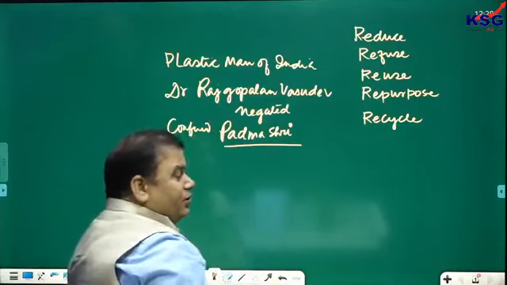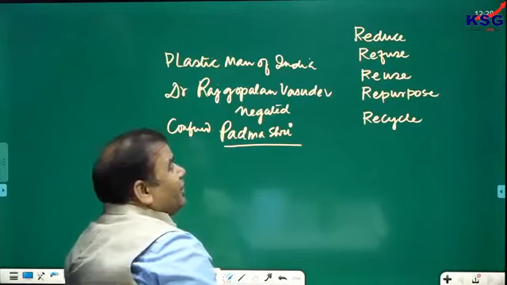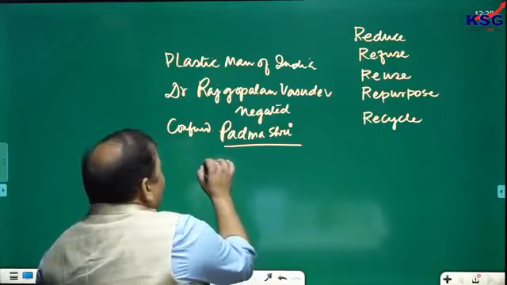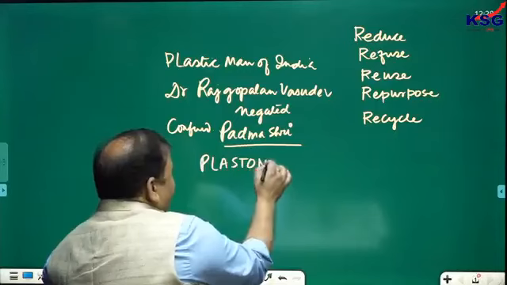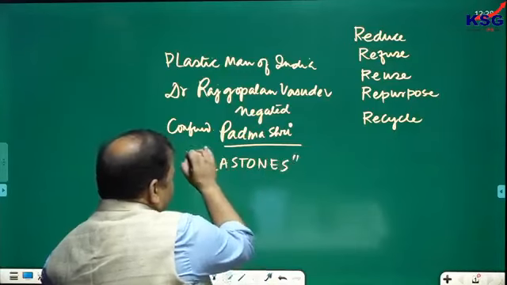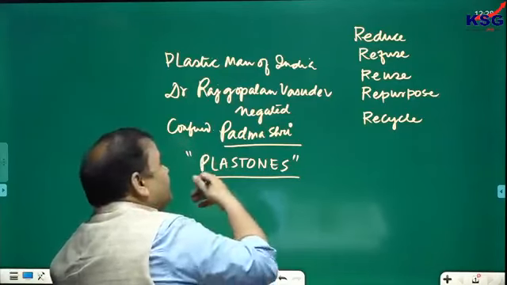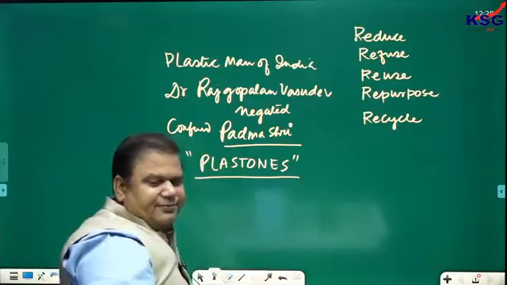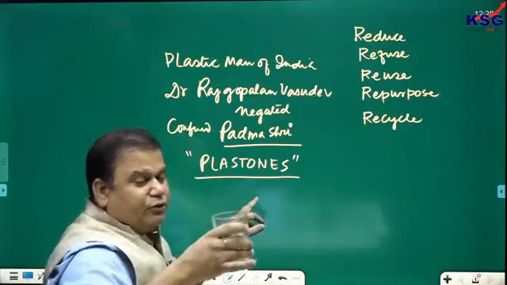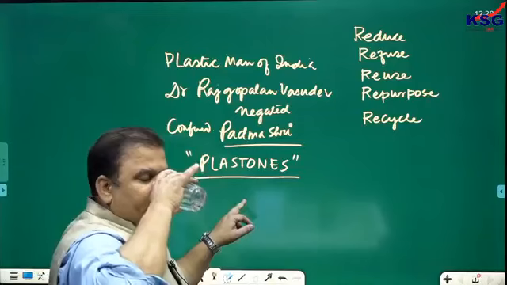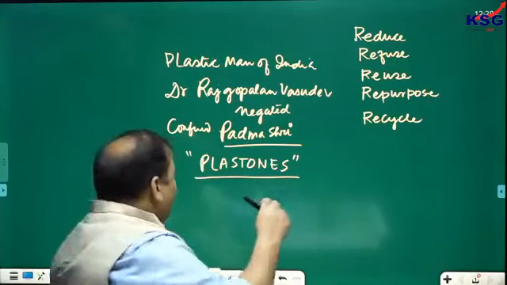And what he did? First of all, he made stones out of plastic waste, which are called plastones. Write down: he made stones of plastic waste called plastones, which can be used as building blocks.